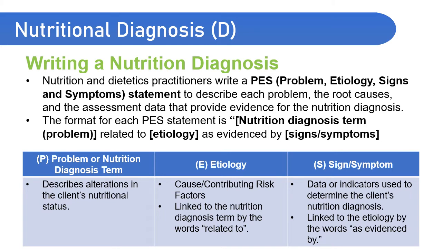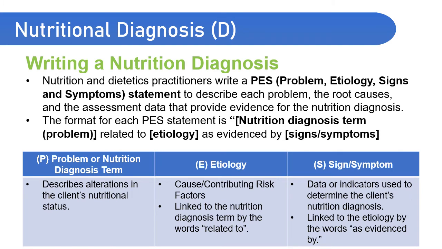This PES statement describes each problem, the root causes, and the assessment data that provide evidence for the nutrition diagnosis. The format for each PES statement begins with the nutrition diagnosis term, problem, related to etiology, as evident by sign and symptom.